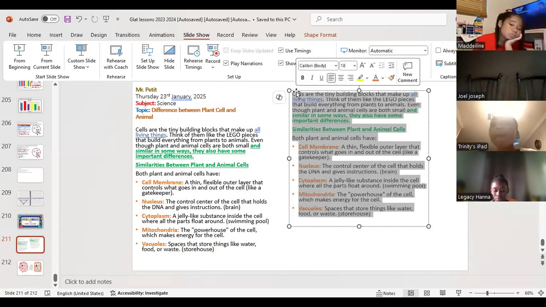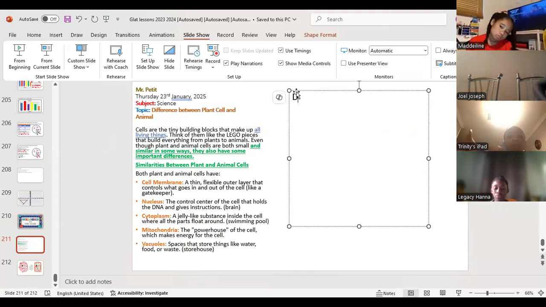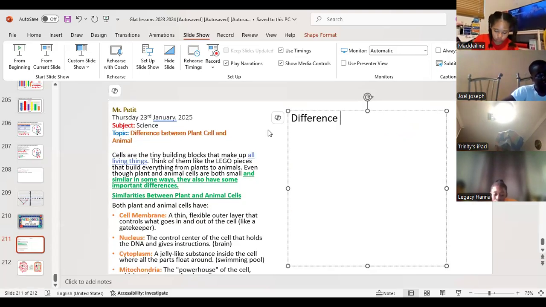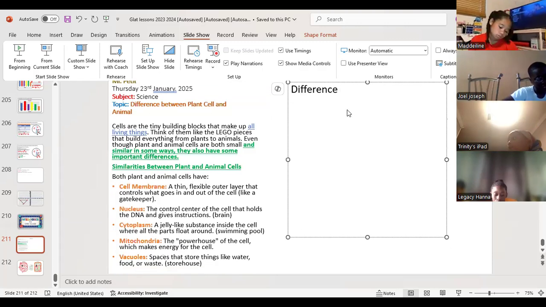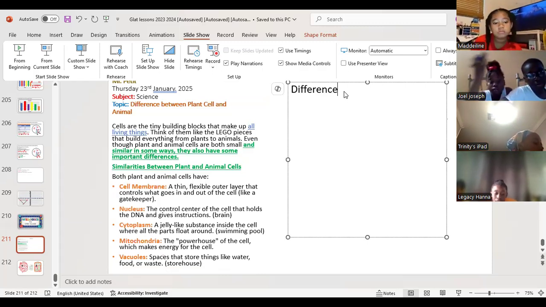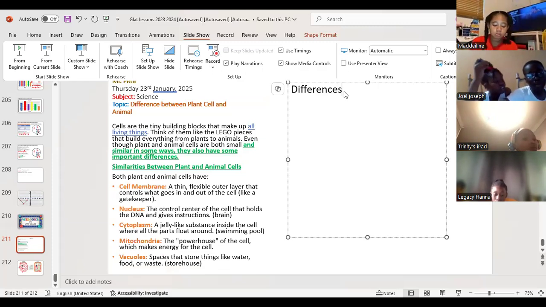So let's first go over the similarities. What are the structures that both plants and animals have that are the same? The cell membrane, the nucleus. Maya, don't answer. I want someone else to answer. What are some structures that both plants and animals have that are the same? Vacuole, cell membrane, the nucleus, cytoplasm.